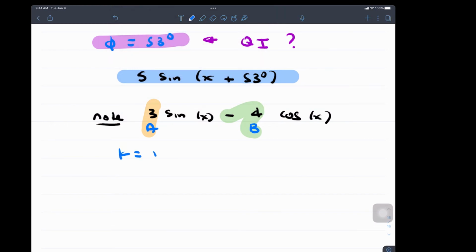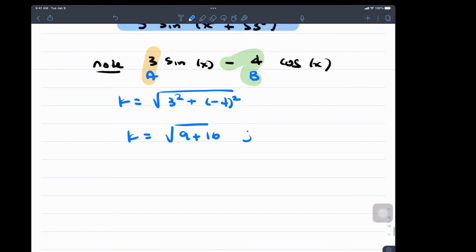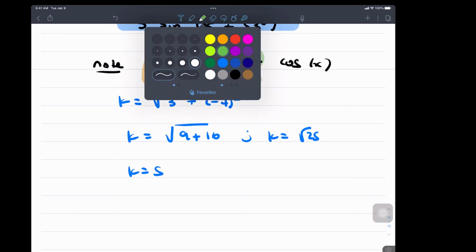K will be what? Square root of 3 squared plus negative 4 squared. Square root of 9 plus 16. That's still going to give you what? 5 for K. Is that true? So K here is what? 5.